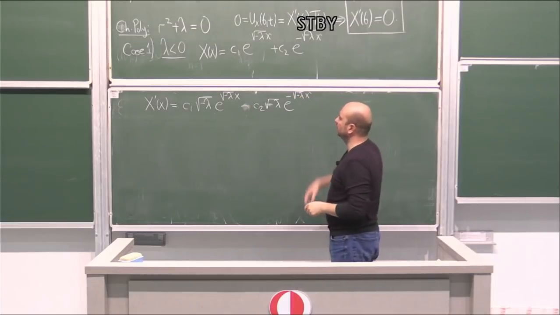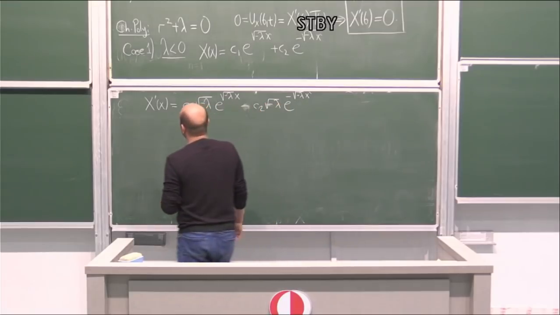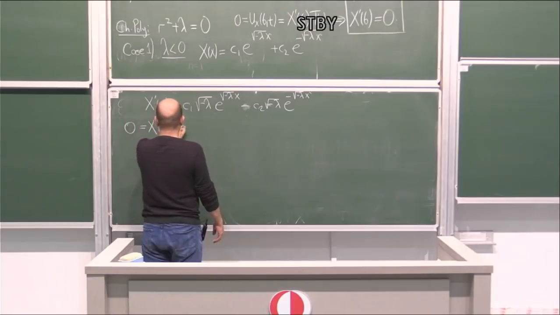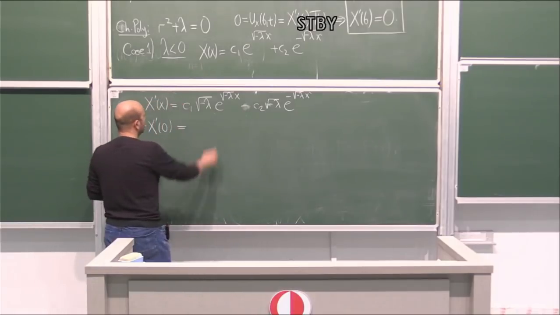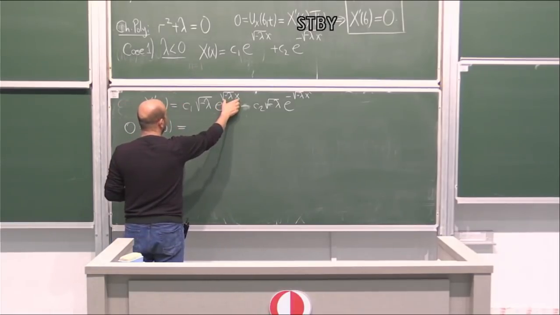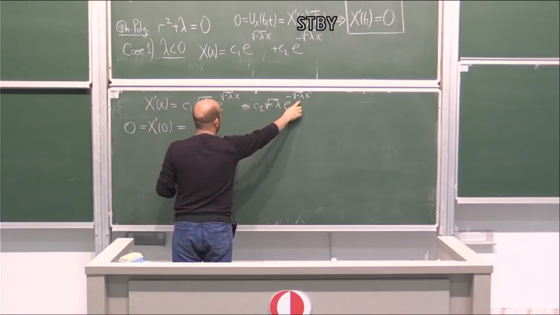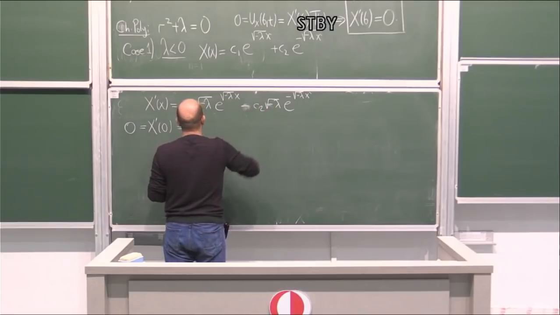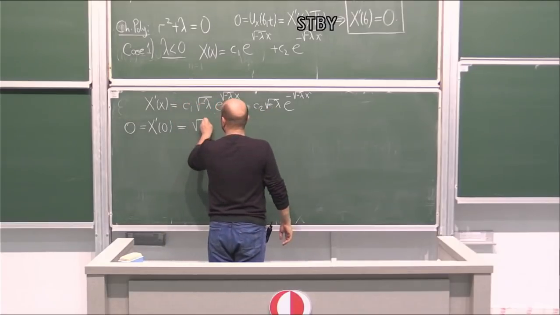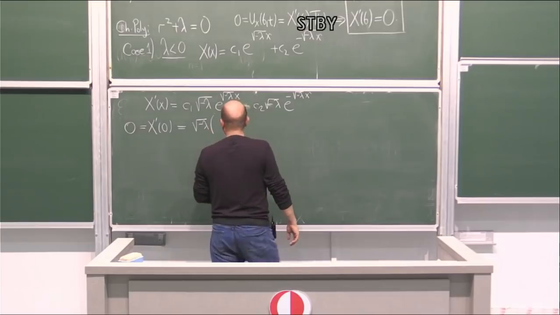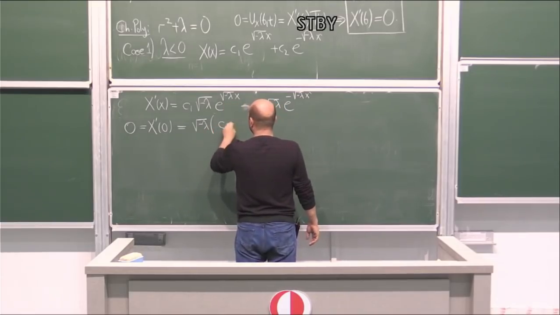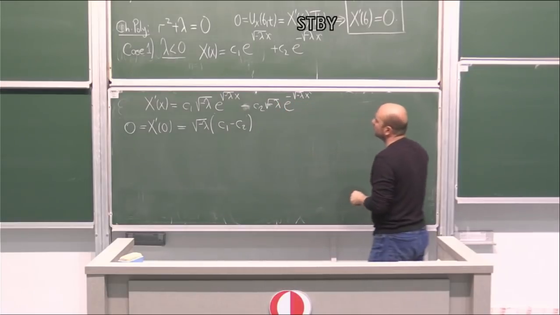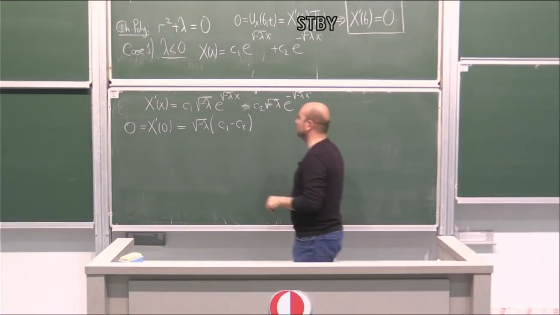It says if you plug in 0, you get 0. Now, e to the 0 is 1, e to the 0 is 1, so we get square root of minus lambda times C1 minus C2. Okay, so this is what we have.